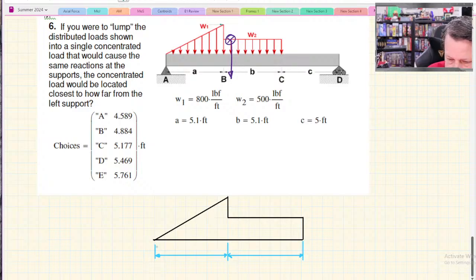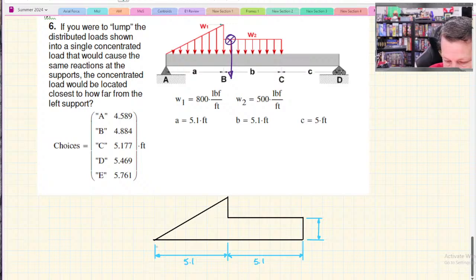So for this set of numbers, A is 5.1 feet and B is also 5.1 feet. The heights, so you know, if you were doing a centroid, you need to know the heights, right? So for distributed loads, the heights are the W's here.